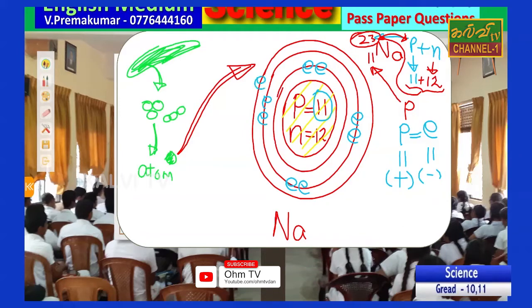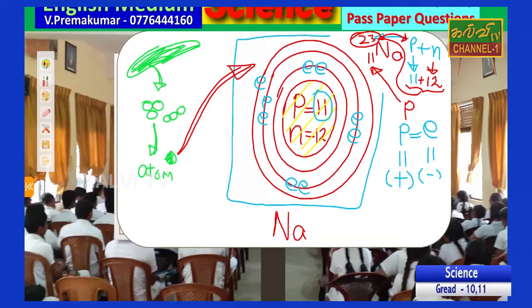When you count these electrons, it will be 11. Normally the structure of the sodium atom can be explained like this. This is called electron configuration.